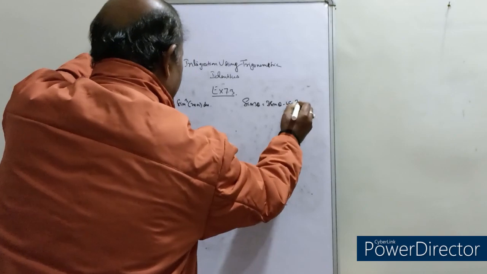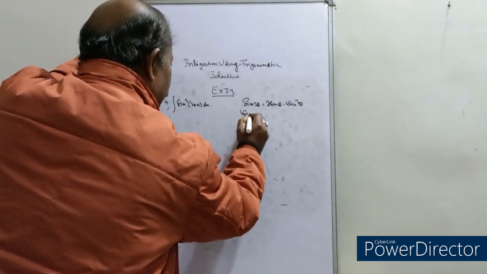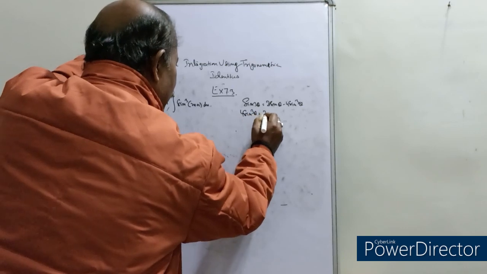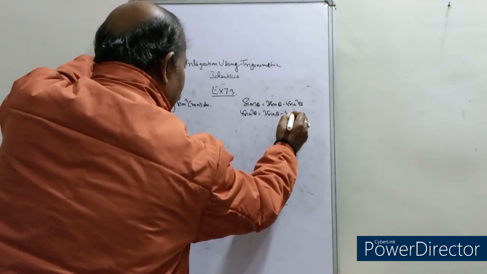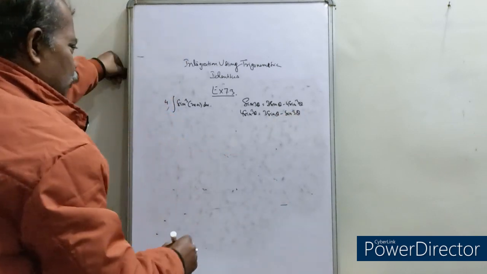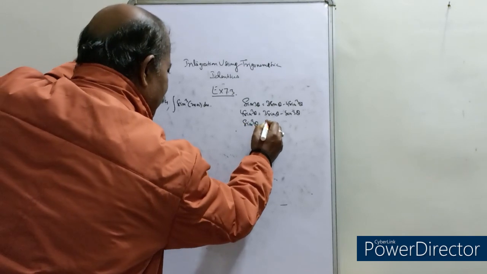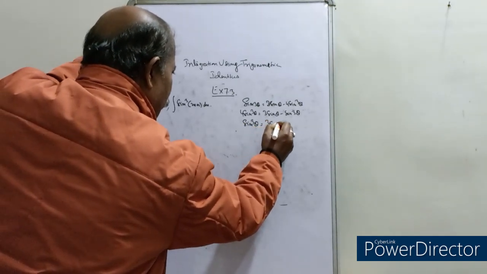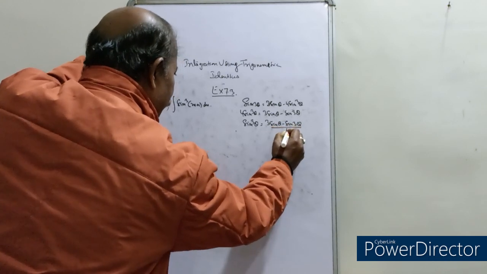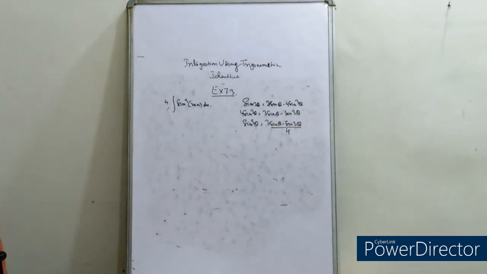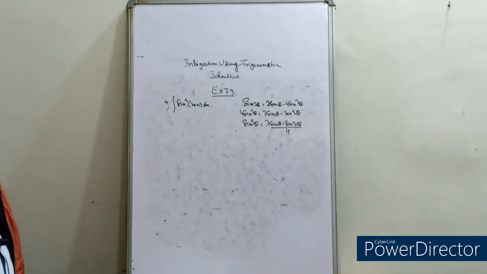So 4 sin cube theta will be equal to 3 sin theta minus sin 3 theta. So sin cube theta will become (3 sin theta minus sin 3 theta) divided by 4. You can use this identity also because the question says to use trigonometric identities.